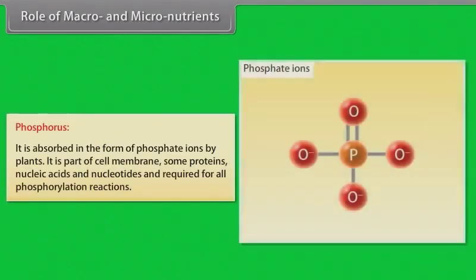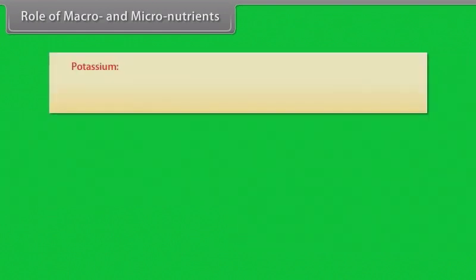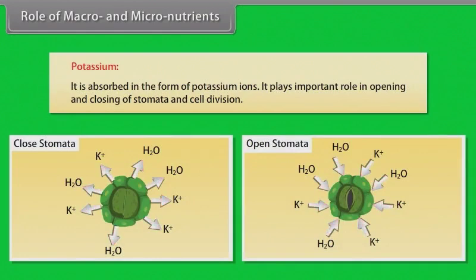It is absorbed in the form of phosphate ions by plants. It is part of cell membrane, some proteins, nucleic acids and nucleotides and is required for all phosphorylation reactions. Potassium. It is absorbed in the form of potassium ions. It plays an important role in opening and closing of stomata and cell division.